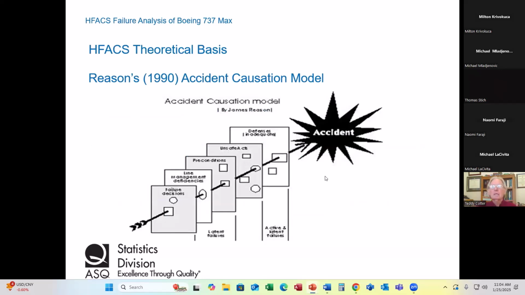So this is Reason's model. All of the holes in the Swiss cheese have to line up from the organizational level: failed decisions, line management deficiencies, preconditions for an accident, unsafe acts, and the deficiency itself that leads to an accident.